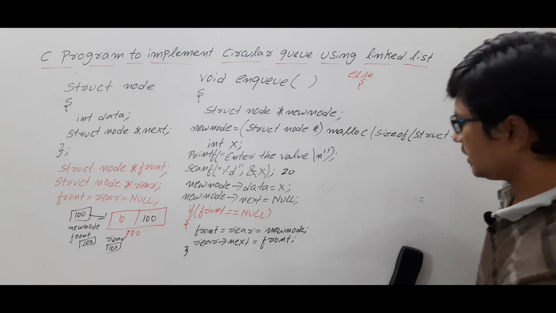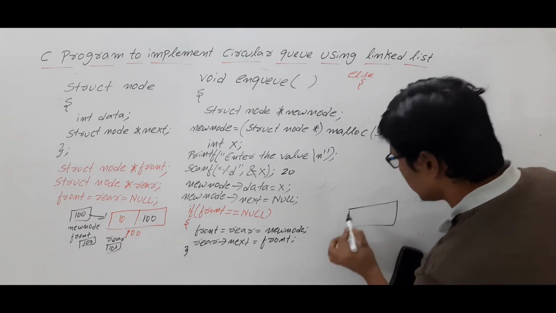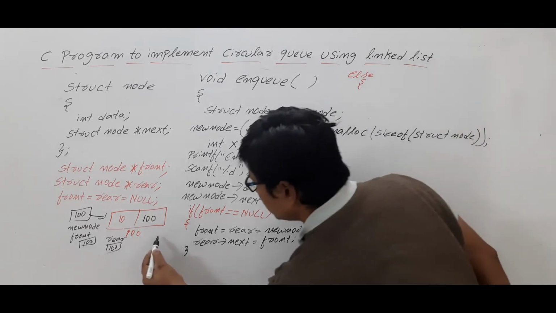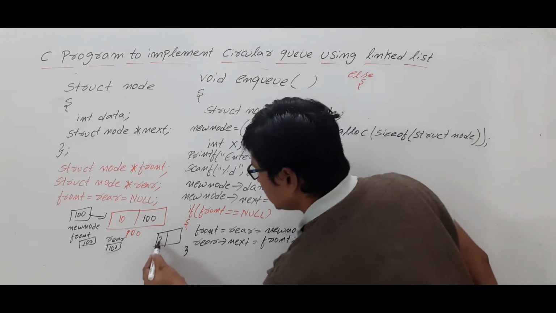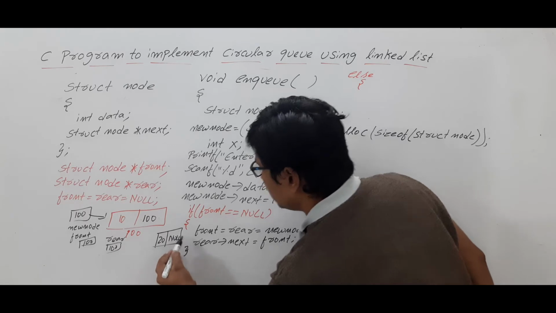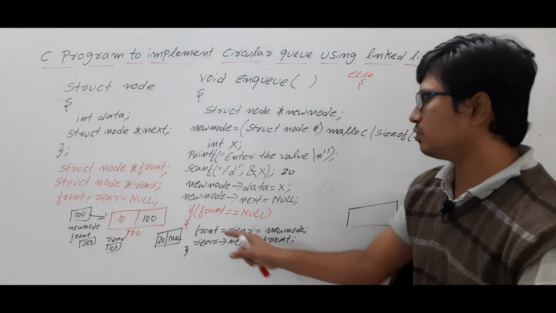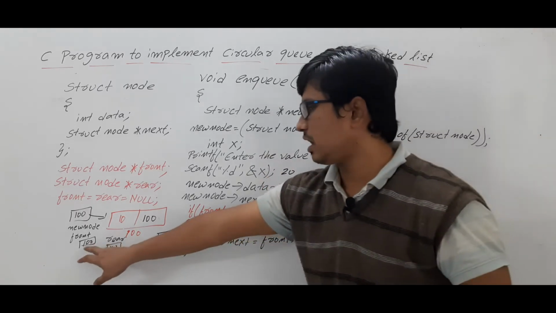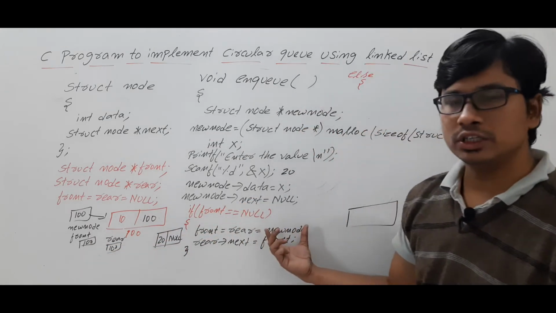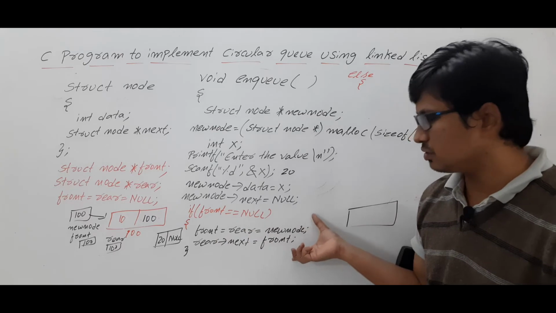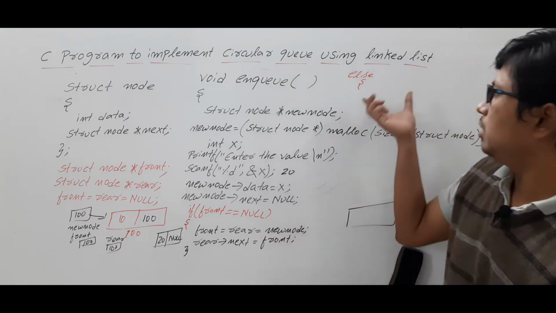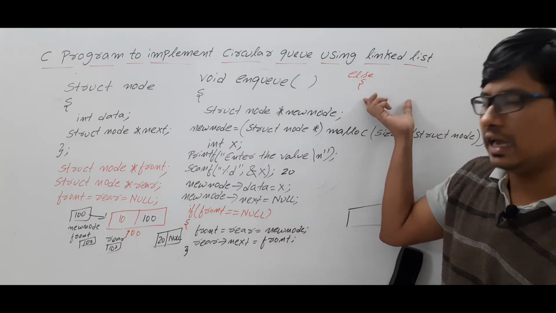You have created another node now having the value 20 and having the value null. Now look here, front is equal to null? Front has the address 100, and 100 is not equal to null. So this condition is false. If this condition is false, we will not execute these statements. We will execute the statements which are there in the else block.